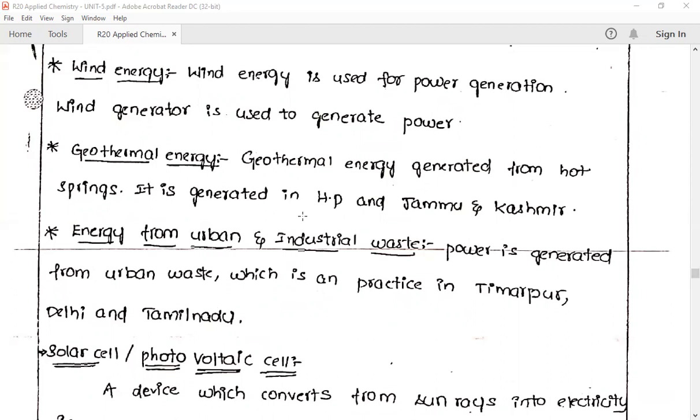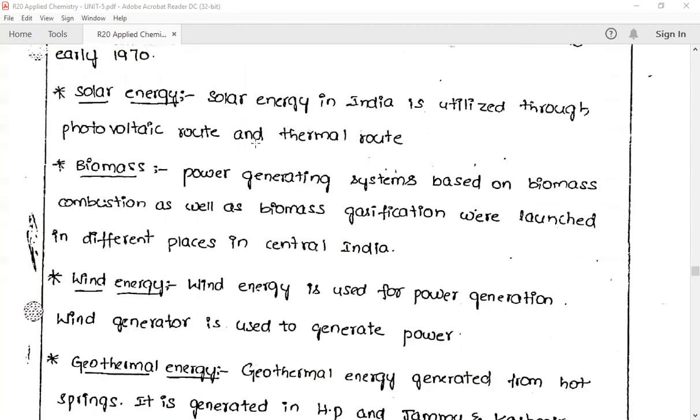The best examples are coal, petroleum, and natural gas. In your syllabus, we have only the renewable or non-conventional energy sources, which I discussed now.